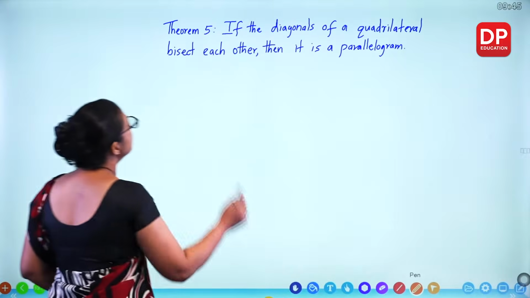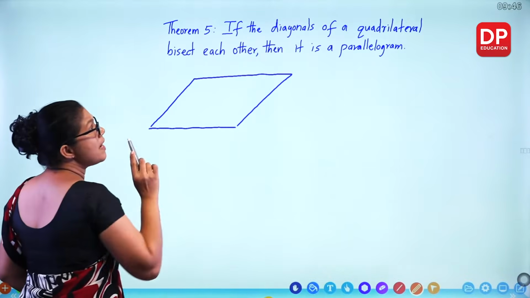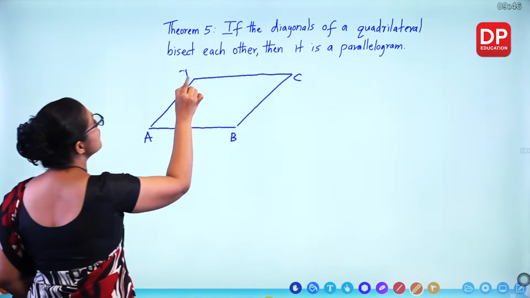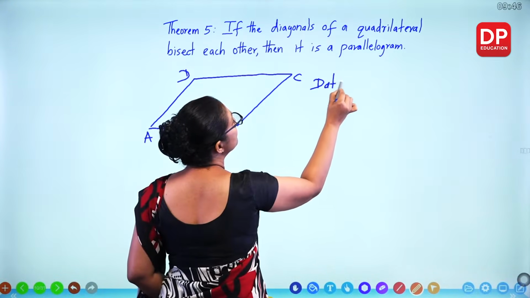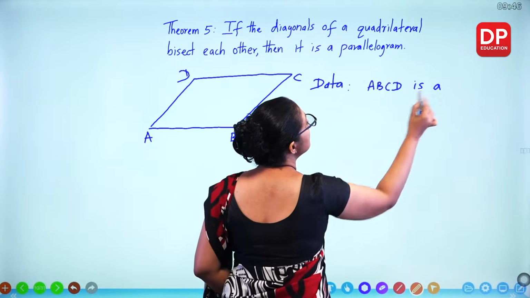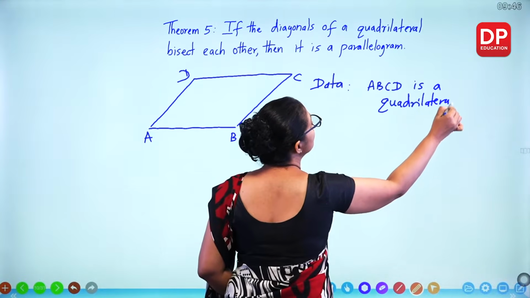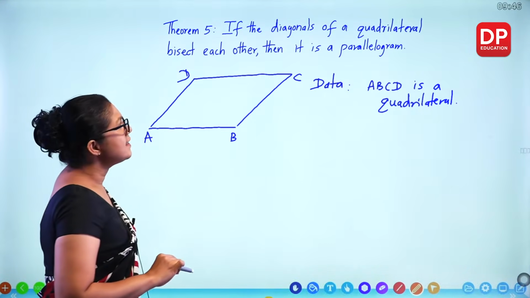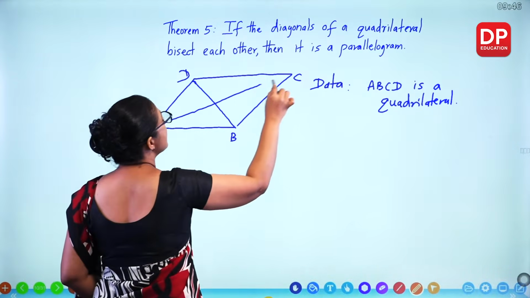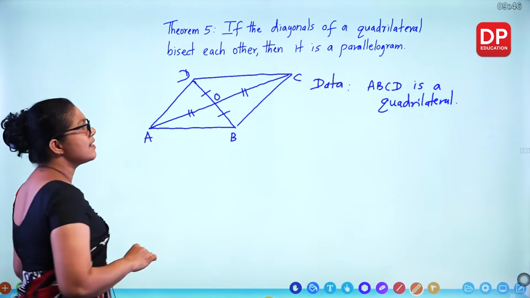We'll take any parallelogram, not a parallelogram, any quadrilateral ABCD. So we know ABCD is a quadrilateral. And also it says diagonals of the quadrilateral bisect each other. So that means we can draw these two diagonals and say this length is equal to this length and this is given as this.